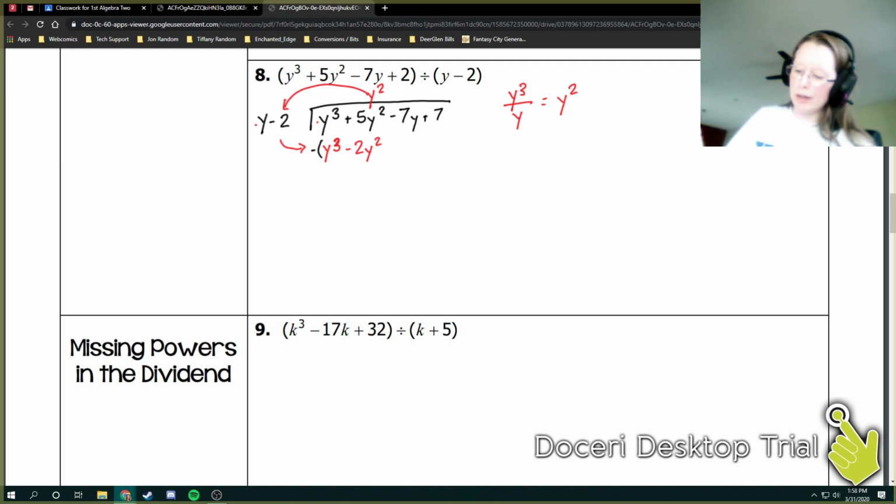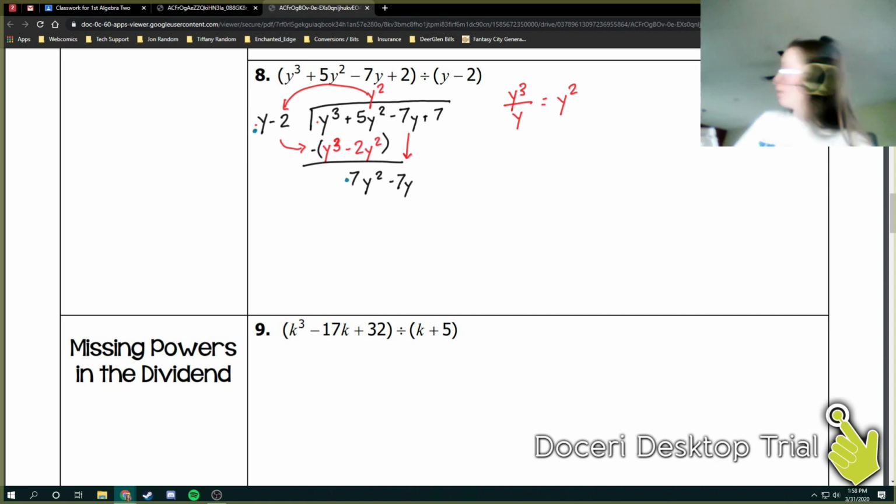Then we subtract. So 5 minus a negative 2, 5 plus 2 is 7. And we bring down. And the process starts all over again.